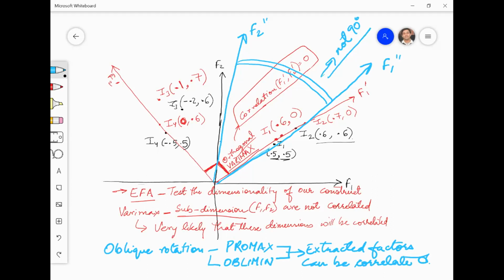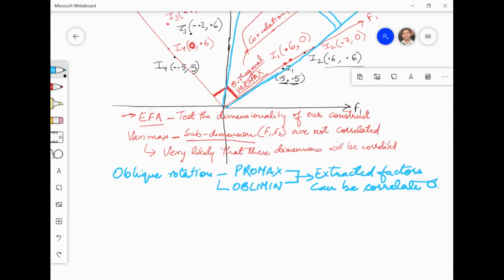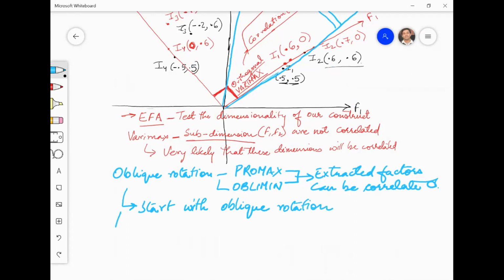So the recommended approach is that we should start with oblique rotation. The software, and we will do it in a while, will report the correlations between extracted factors.